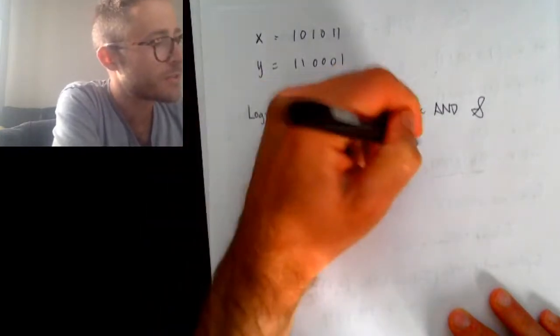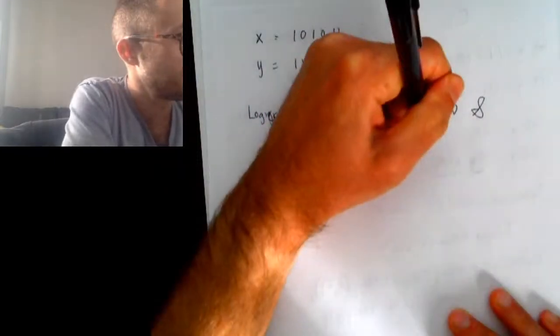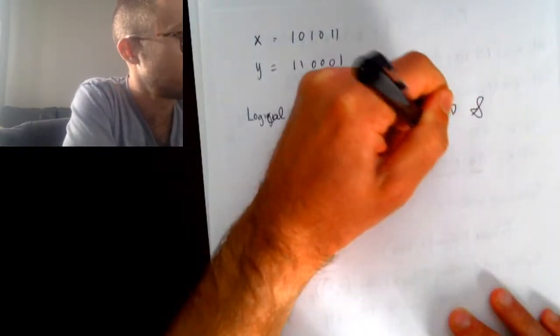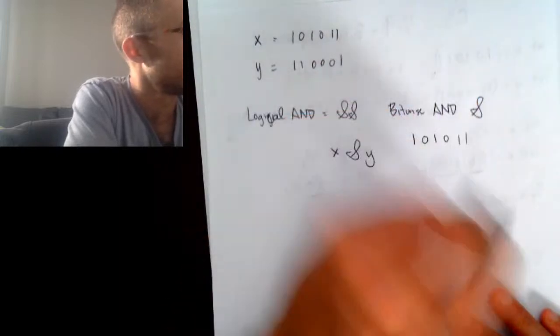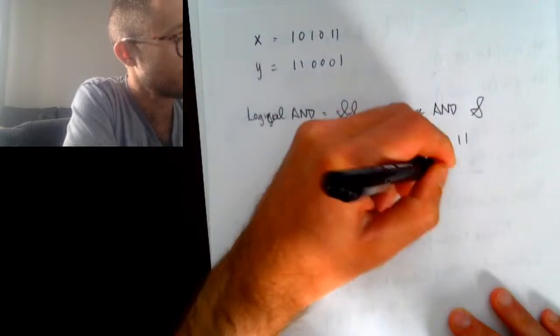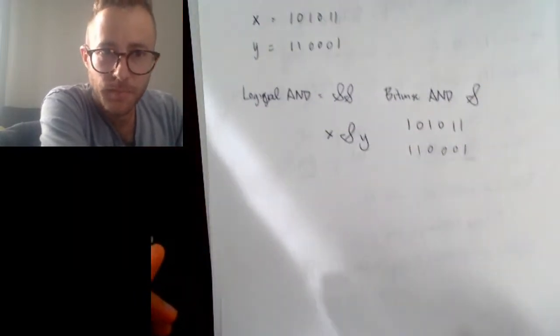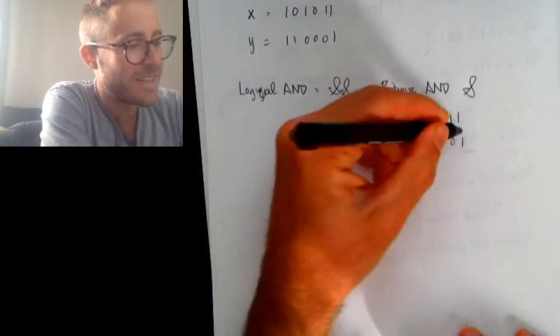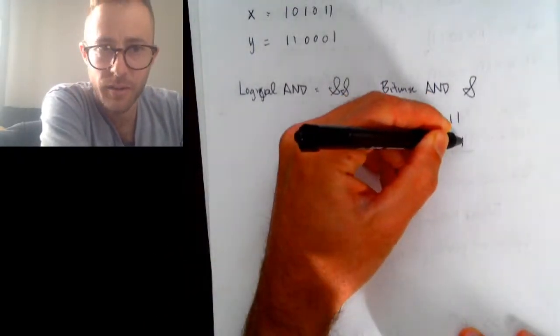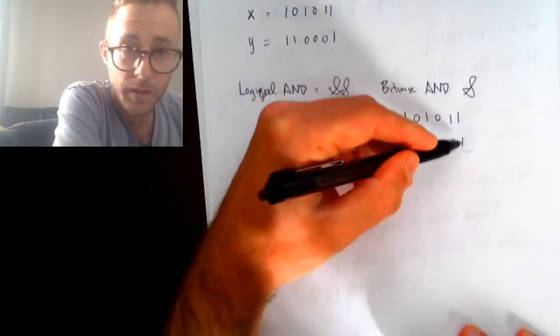okay, that's going to take these two and it is going to take each bit and AND them with the corresponding bit.